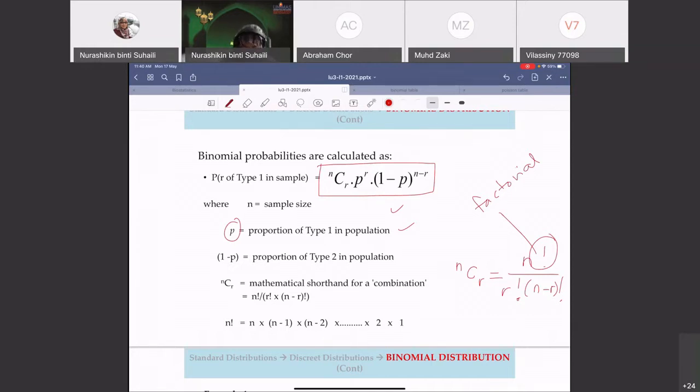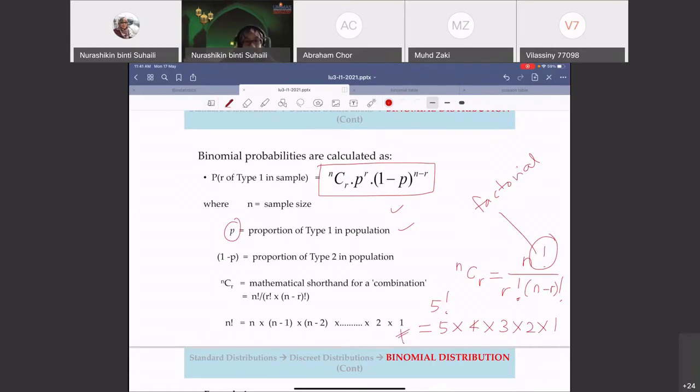So what does factorial mean? If we have 5 factorial, it is equal to 5 times 4 times 3 times 2 times 1. So n factorial refers to n multiplied by n minus 1, n minus 2, until you reach 1.